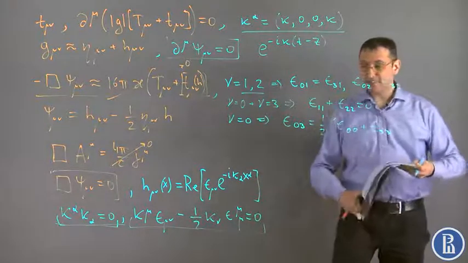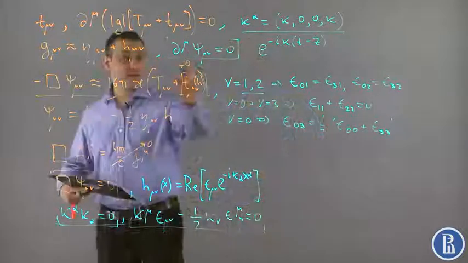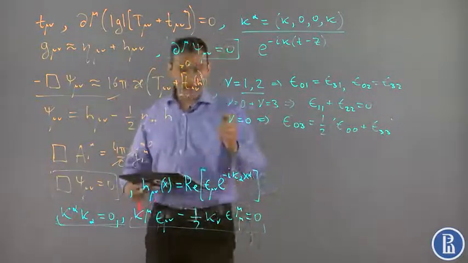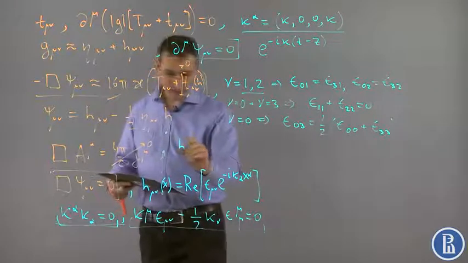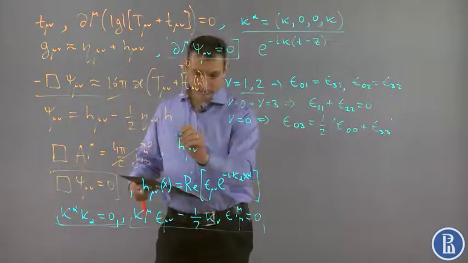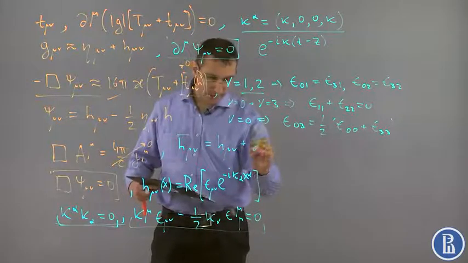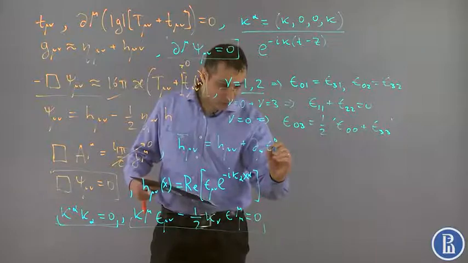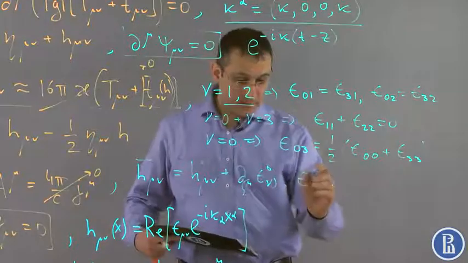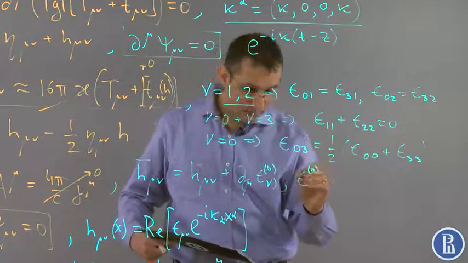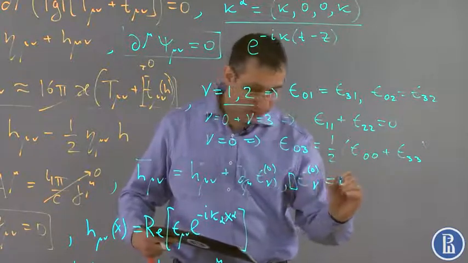Now, let us perform a transformation. Remember that this equation was obtained in this gauge, but there is a remaining gauge freedom that we can use. We can transform h mu nu according to the law h mu nu plus d mu epsilon nu, such that epsilon nu solves the equation that box of it is equal to 0.